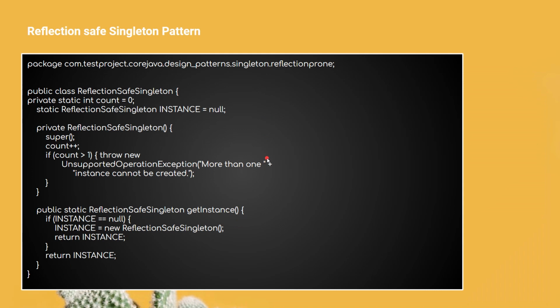So now, how can we make this singleton approach reflection safe? In order to make it reflection safe, we have to create a count here, and once we are inside the constructor, we increment this count. So every time a constructor is called, a new object needs to be created, right?